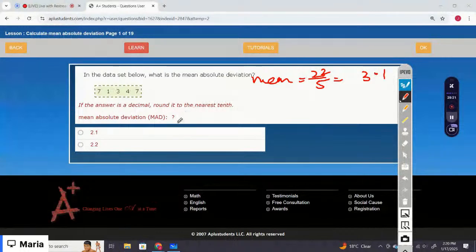Let's just calculate the mean absolute deviation.